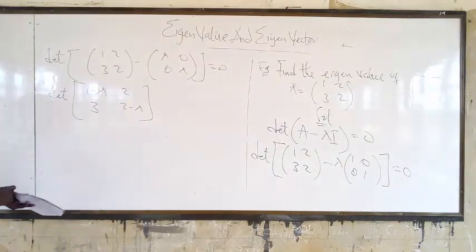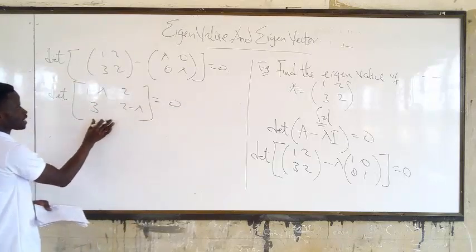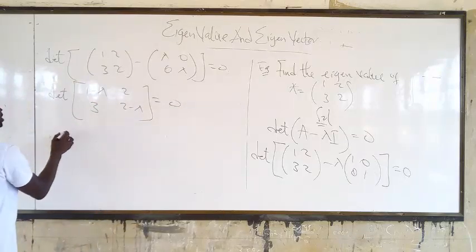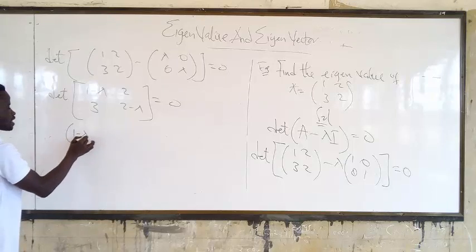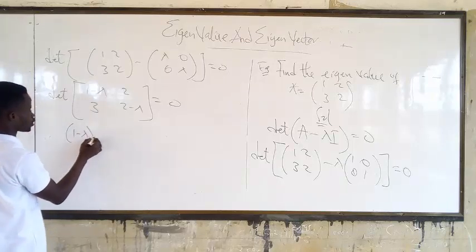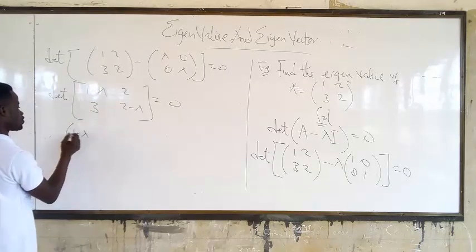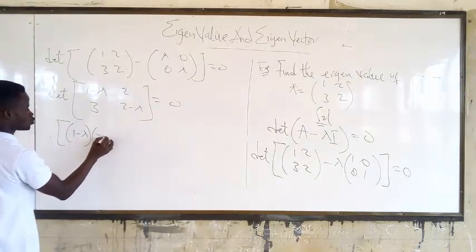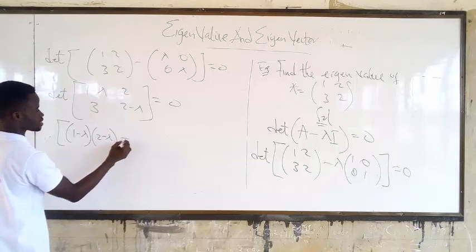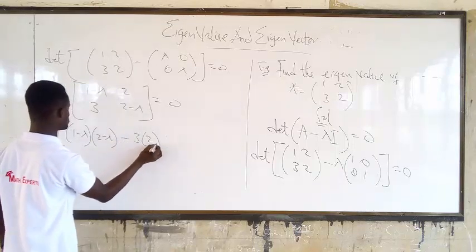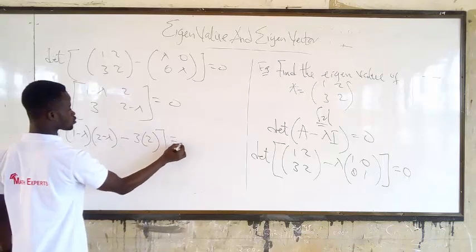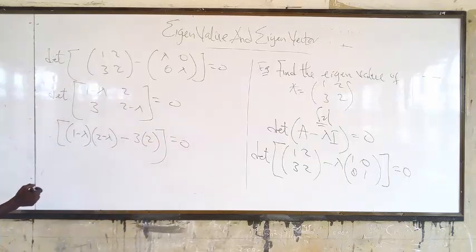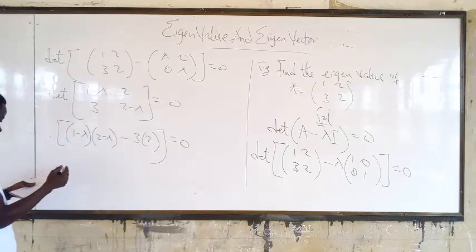So we are now going to find the determinant of this. It is 1 minus lambda multiplying 2 minus lambda, minus 3 multiplying 2, equal to 0.